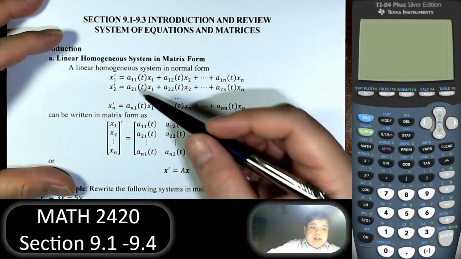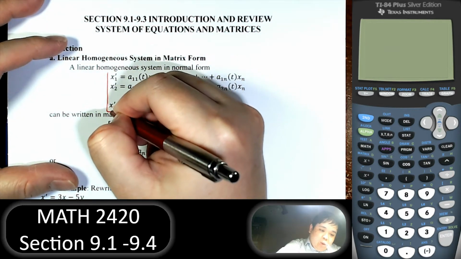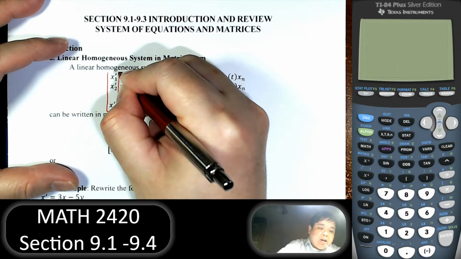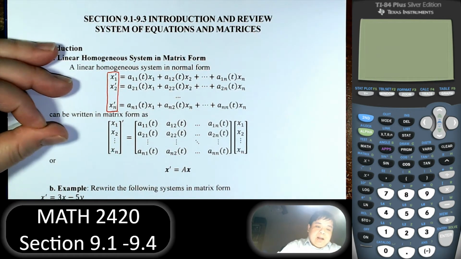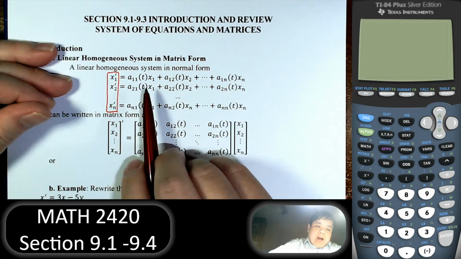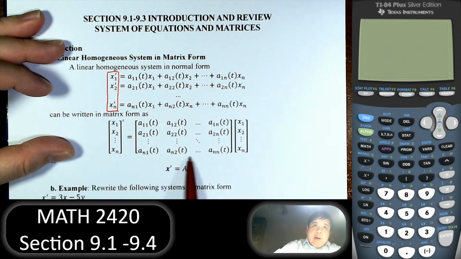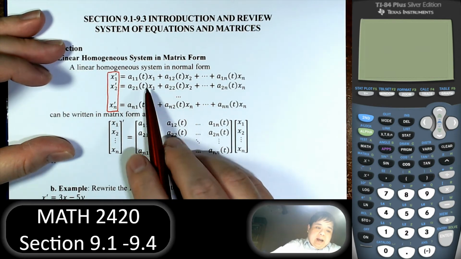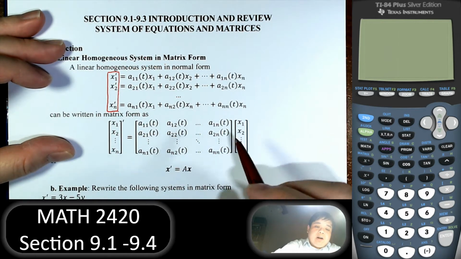If that is the case, we can put all the derivatives into one matrix, or we can just say one column vector, and then on the other side we have all the coefficients stacked into a matrix, and all the variables we put into a column of the variables.